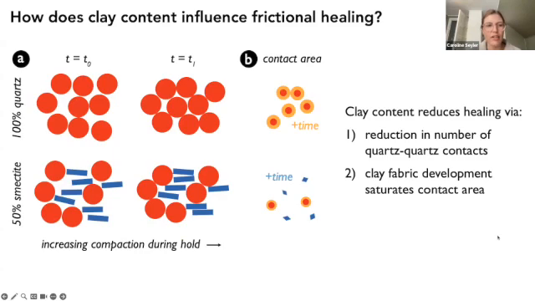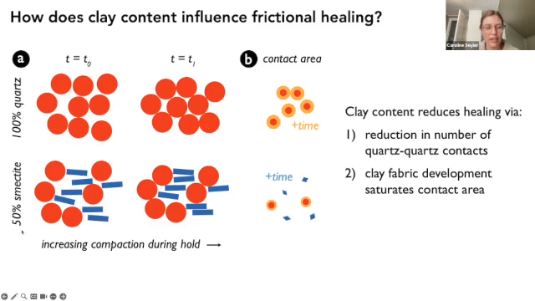So that gives us a model of something like this, where you compare your quartz-rich sample to a clay-bearing sample. As the sample compacts during the hold, in the quartz-rich samples you get this classical increase of contact area with time as the quartz particles come together.